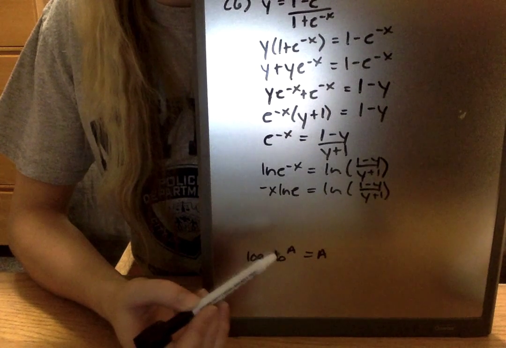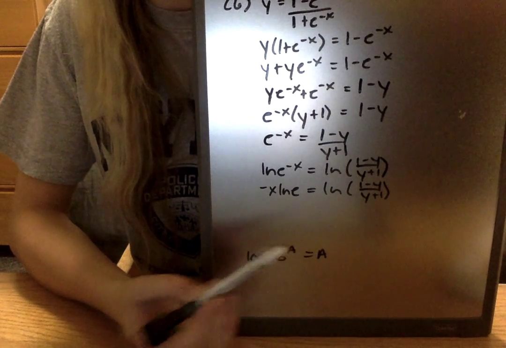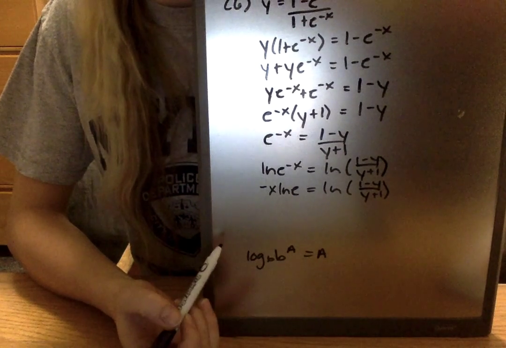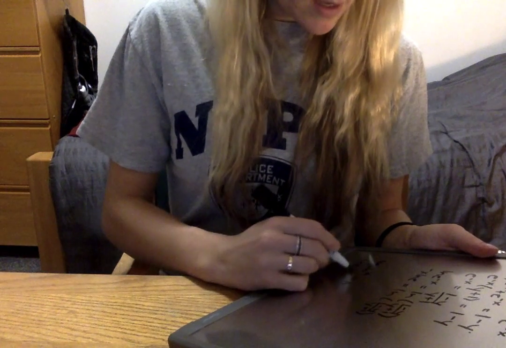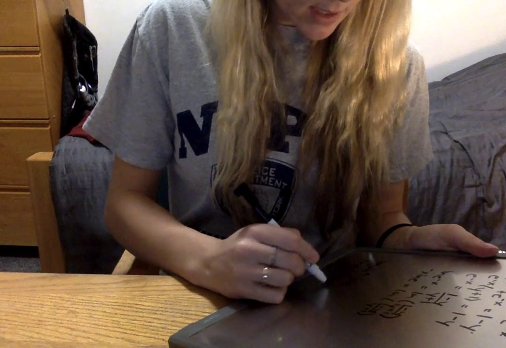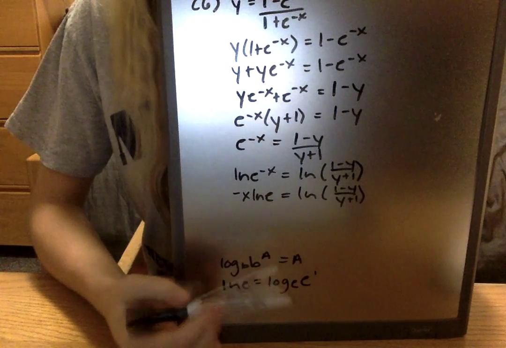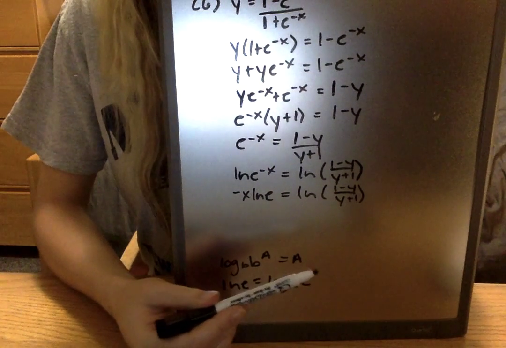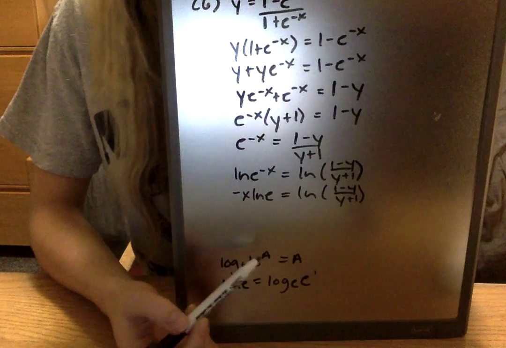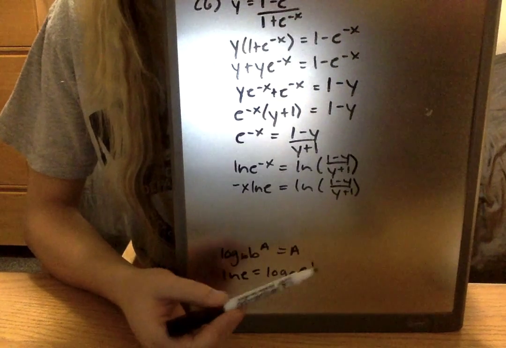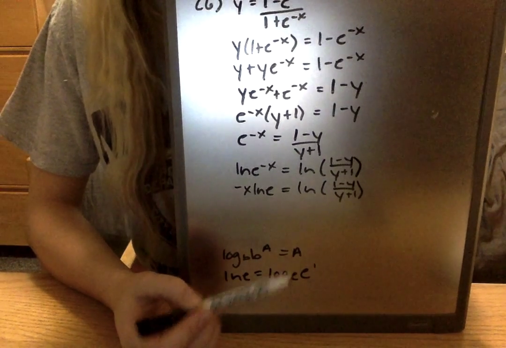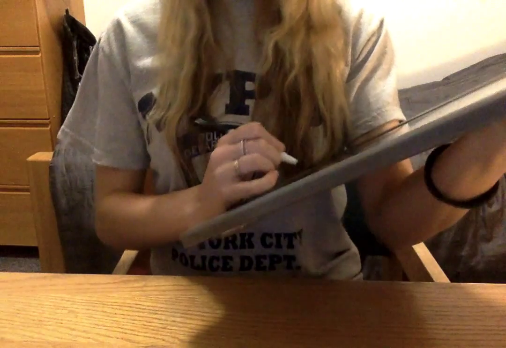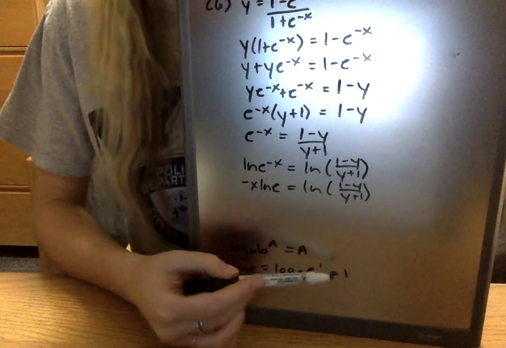So if the base is the same as the number, this whole thing is equal to the exponent. So in the case of ln e, we can also write ln e is equal to log base e of e. And we just assume that there's that exponent 1 above the e. So since the number e is the same as the base, which is e, we refer to the exponent. So this whole thing is equal to 1.